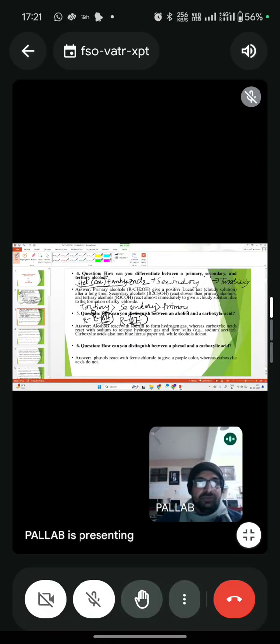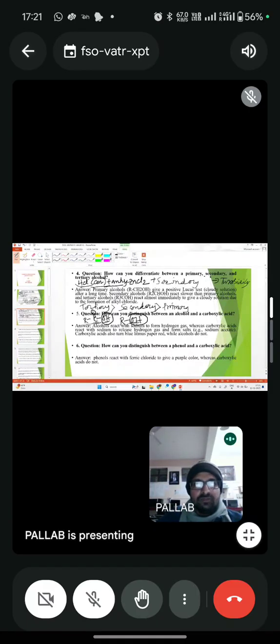If we use litmus paper for distinguishing carboxylic acid and alcohol, we'll observe that carboxylic acid, being an acid, will turn blue litmus paper red.